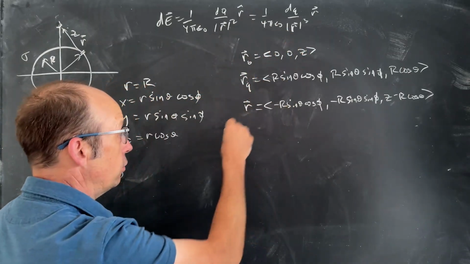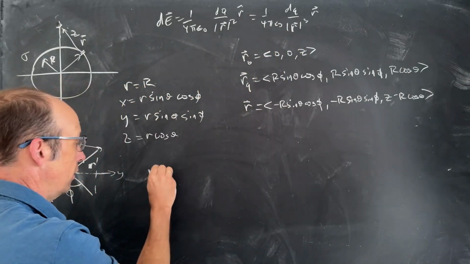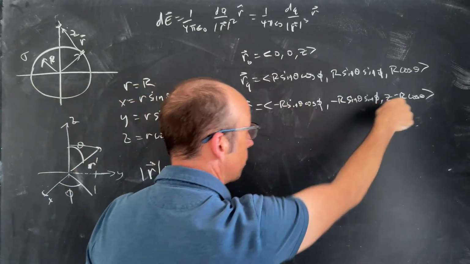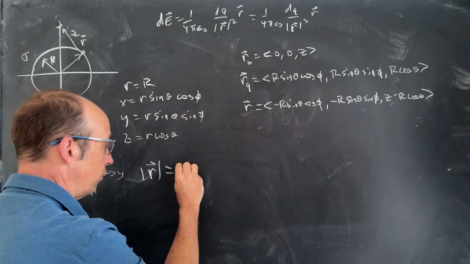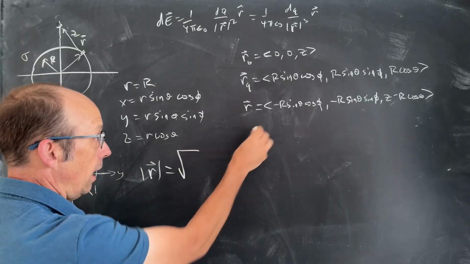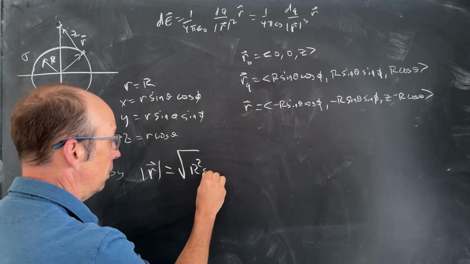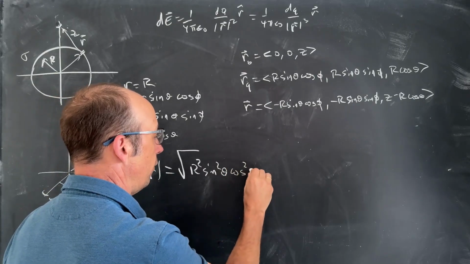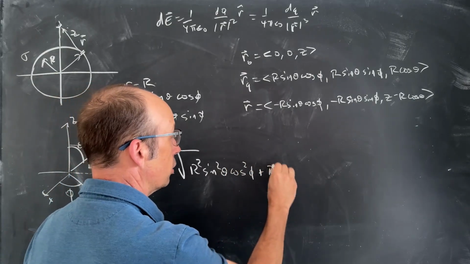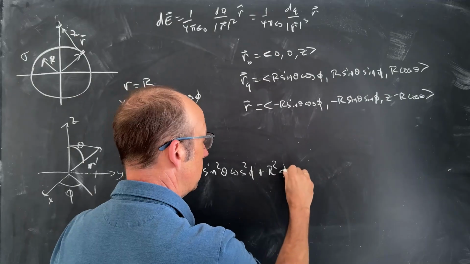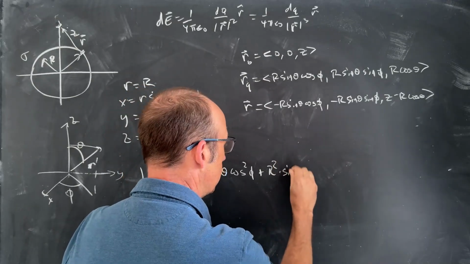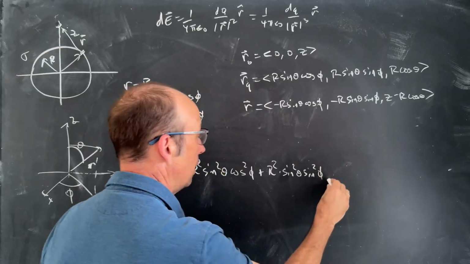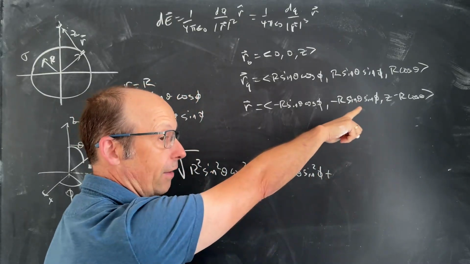So the magnitude of r, I'm going to write it right here, because it's going to get messy. The magnitude of r is going to be this squared plus this squared plus this squared, square rooted. I'll finish that in later. I get r squared sine squared theta cosine squared phi plus r squared sine squared theta sine squared phi plus, okay, so now I have two terms over here.